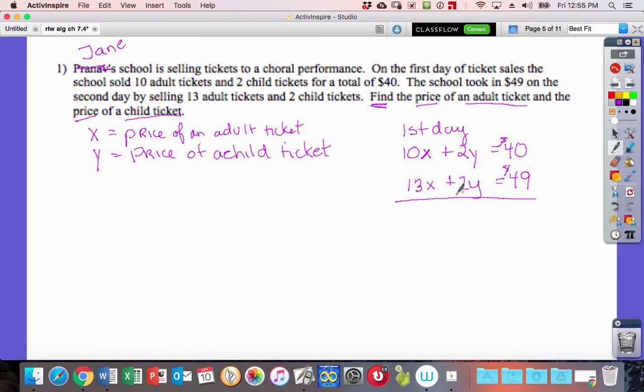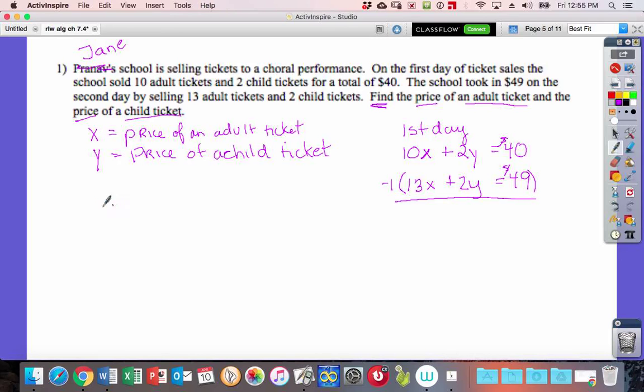Okay, so if I want to solve this, I could solve it by graphing, and I don't want to do that. I could try by elimination, and let me look at that. Elimination would be the easiest because look, I have two of them that are exactly the same. If I come down here and I multiply this one by -1, then I can add them and it'll get rid of that y.